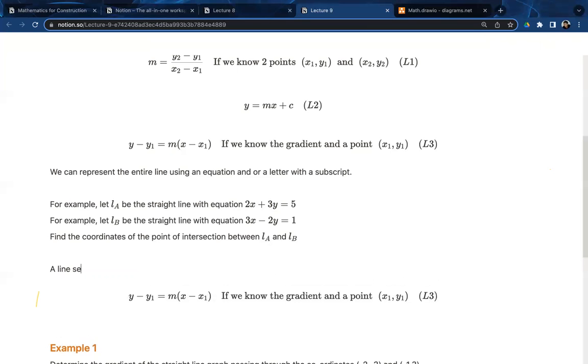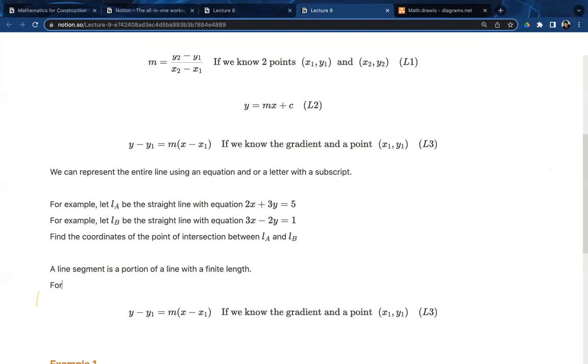So a line segment is a portion of a line with a finite length, right? So for example, let CD be the line segment of the line.